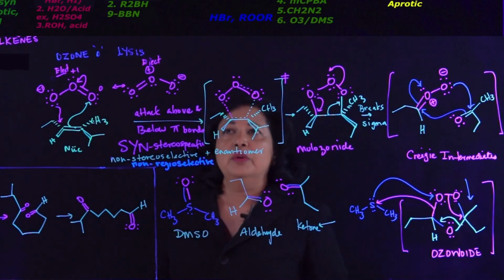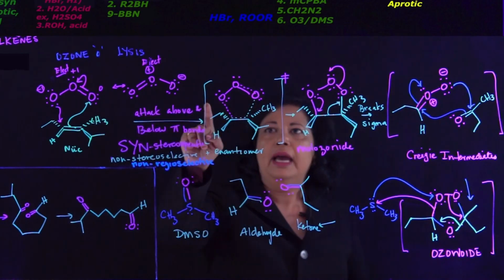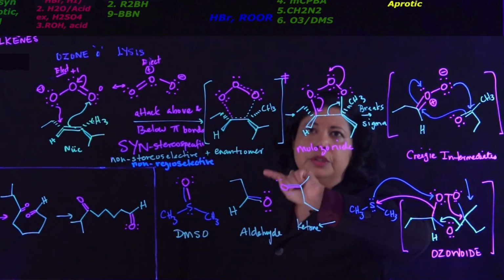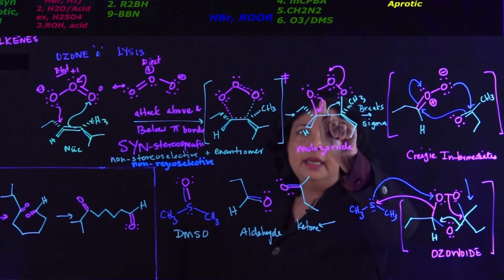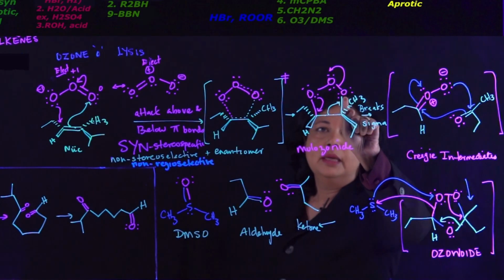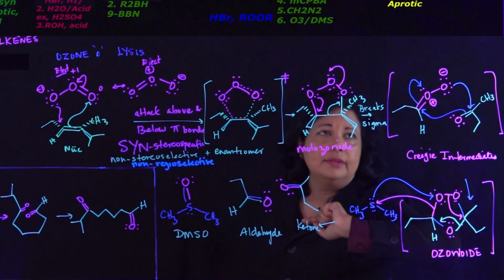One, start with the correct Lewis structure of ozone. That's key. Once you have your transition state and you make an intermediate, you start with one of the lone pairs going in here and breaking up that pi bond and making a double bond here. Move this over and you will have a negative.